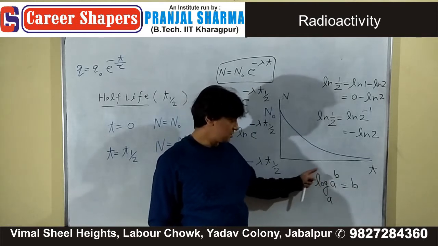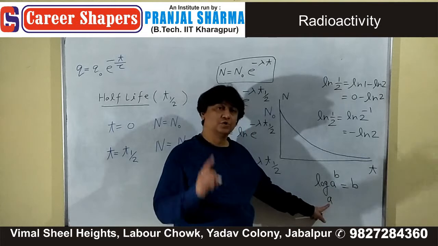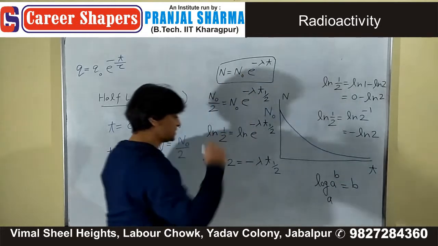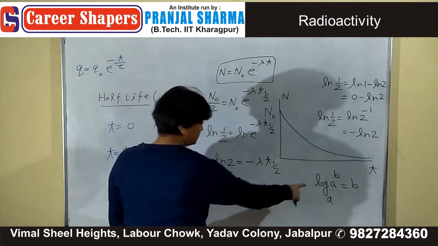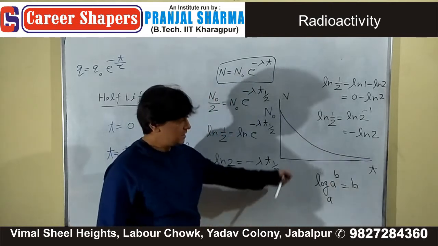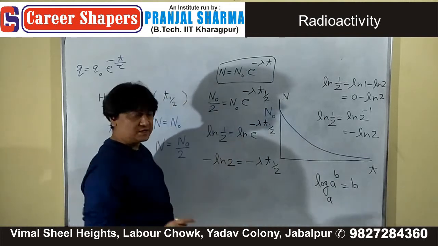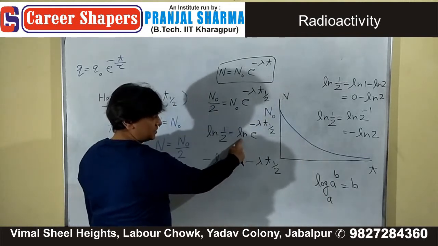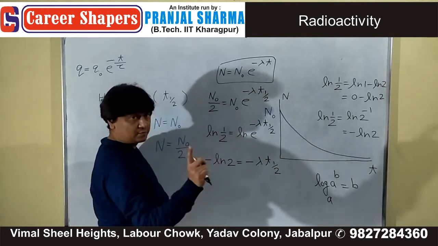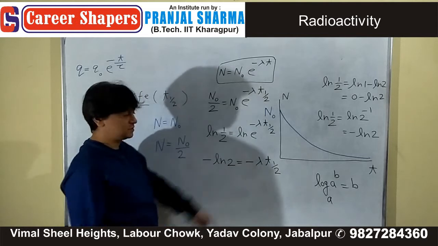Once you move this b as a coefficient, you are left with log a, which is 1. Why is it 1? If you are interested, go and see that lecture. But remember this property, that log of a to the power b on base a is b. What is ln? Log base e. So this ln is basically log of base e, and on that base you've got e to the power minus lambda T half, which gives you this.